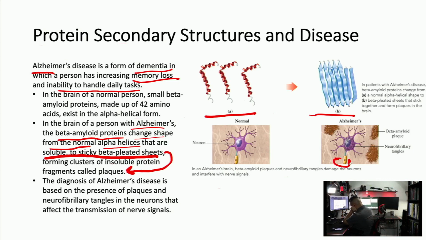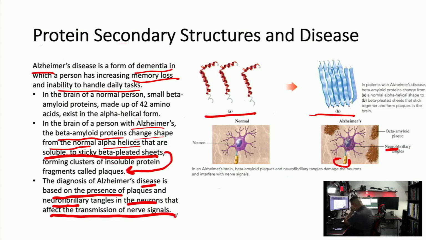The diagnosis of Alzheimer's disease is based on the presence of plaque and neurofibrillary tangles. That's a hard word for me for some reason. In the neurons, they affect the transmission of nerve cells, right?